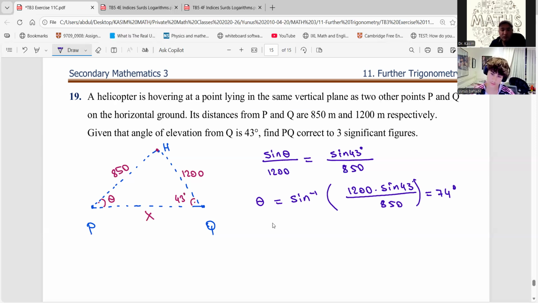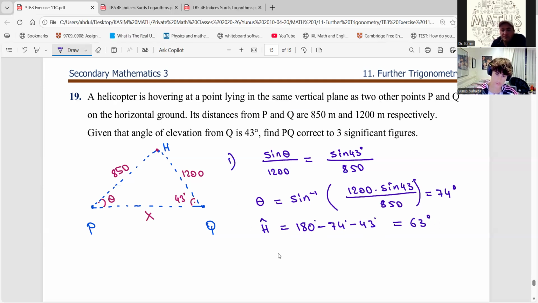So if it is 74, now we can find H. Then what is angle H? 180 minus 74 minus 43 degrees, right? 63 degrees.